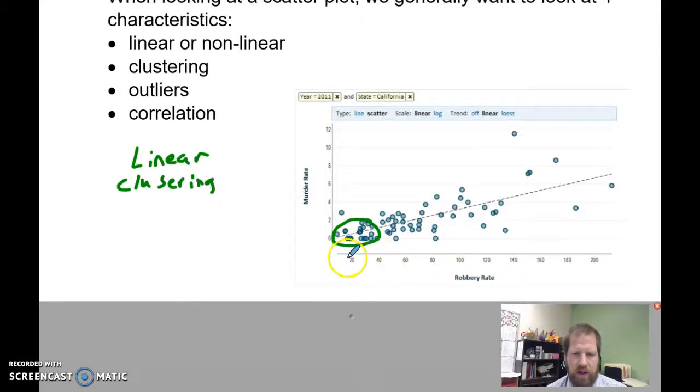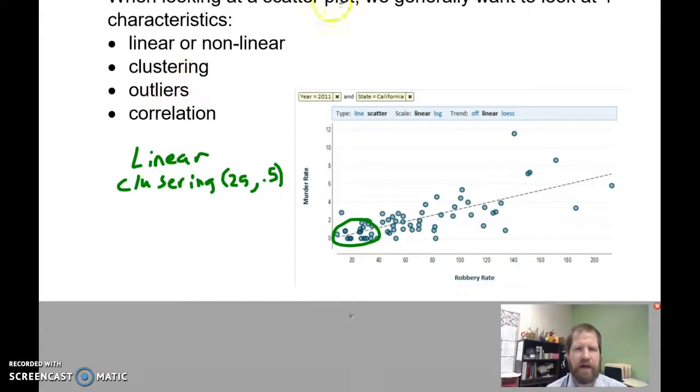Okay, and I'm going to say it's from robbery rate, since this is my X. Clustering is from about, we'll call it right in the middle, 25 and 0.5. Okay, so that's about where our clusters are centered around. All right, there might be some other clustering in here, but this is where most of it is.